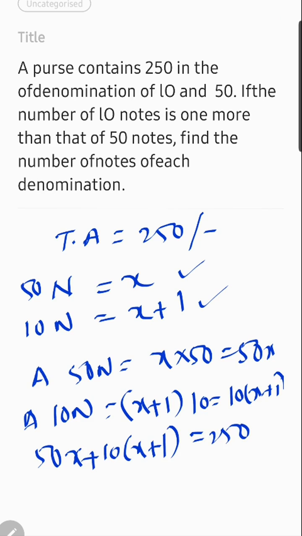That is the equation. If we simplify this, we'll get the x value, and by that we can find the number of 50 rupees notes and the number of 10 rupees notes.